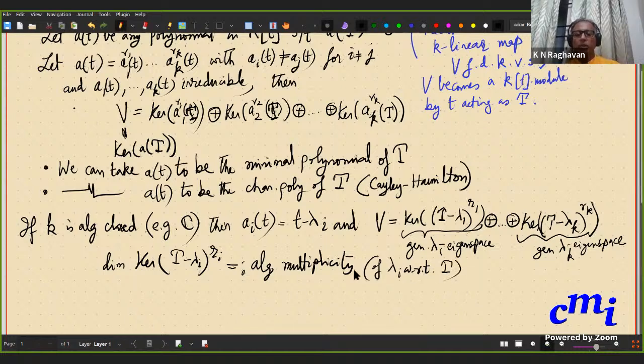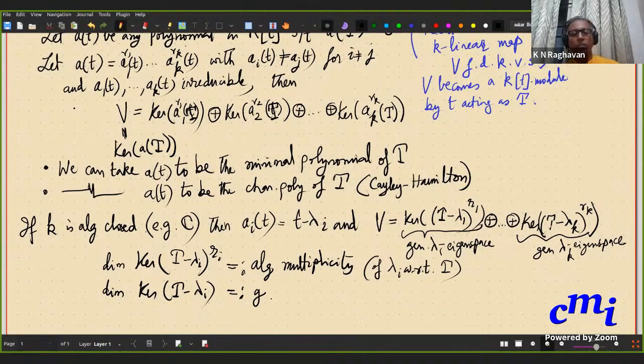Maybe you can use slightly different language here, but I hope you understand. And there is also the dimension of the kernel of T minus lambda i, which, as we know, is the lambda eigenspace. This is the geometric multiplicity.